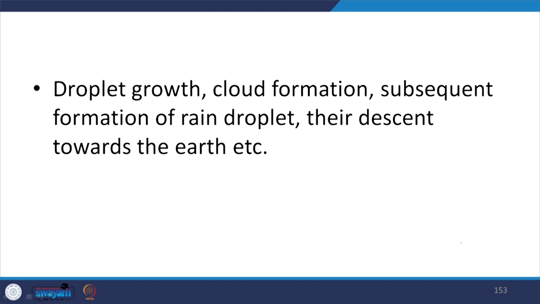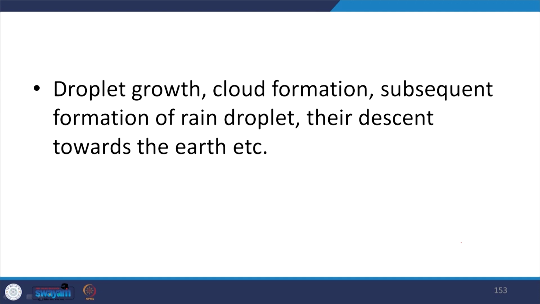Now, we will see what are the physical processes which play a very important role in deciding the precipitation rate, or in deciding how much vapor will condense to form a droplet. These will be topics related to droplet growth, cloud formation, or subsequent formation of rain droplets, or their descent towards the earth.